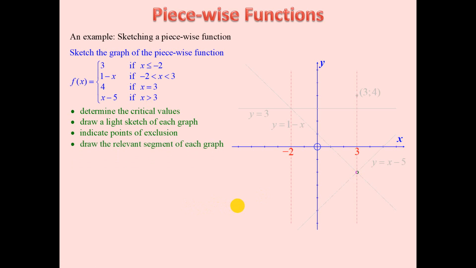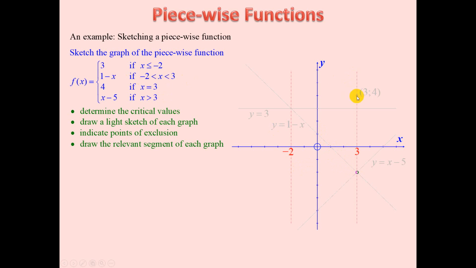Now we're going to draw the relevant segment of each graph. So we're going to draw the horizontal line y equals 3 to the left of x equals minus 2. We're going to draw y equals 1 minus x. There it is there, between the two.